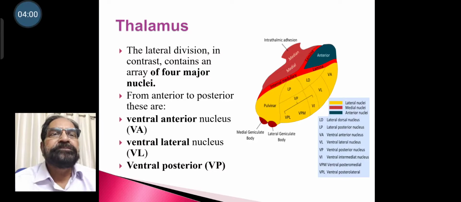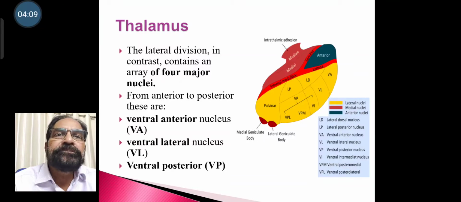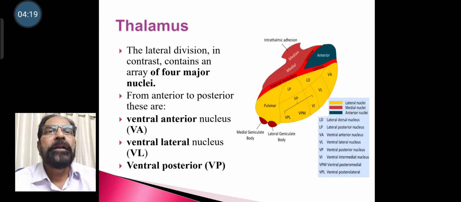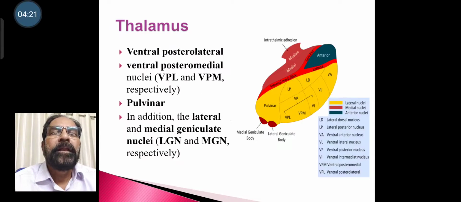Then the lateral division contains 4 major nuclei. From anterior to posterior, there are ventral anterior, then ventral lateral, and ventral posterior. In the ventral posterior, again we have ventral posterior lateral and ventral posterior medial.